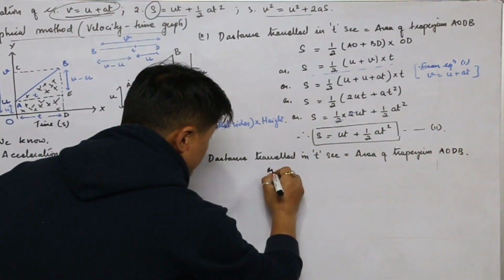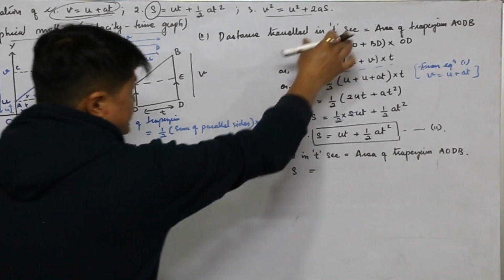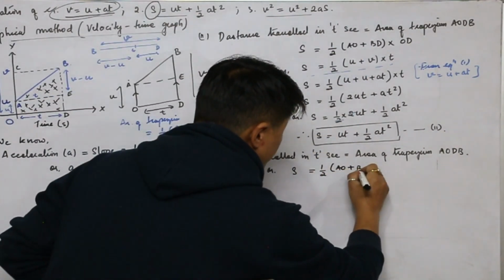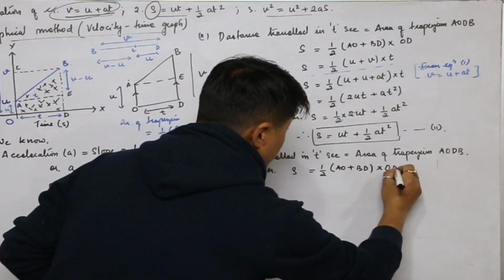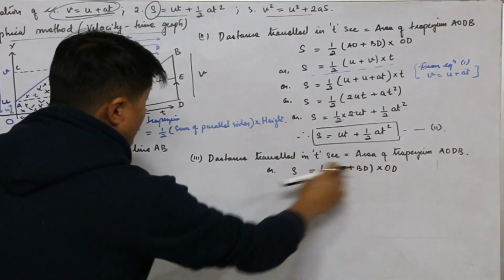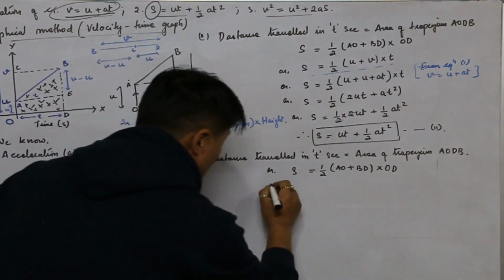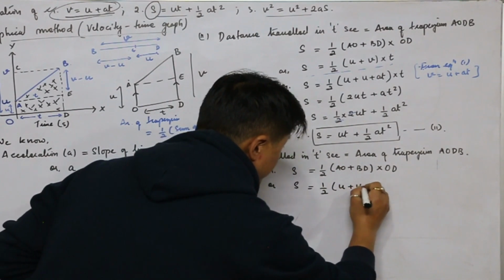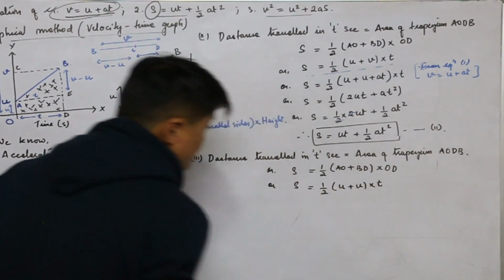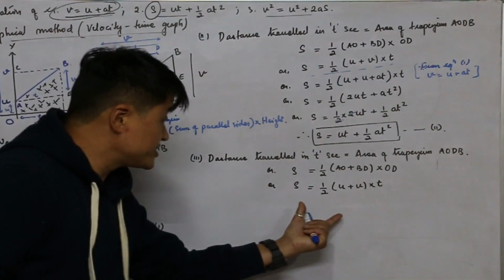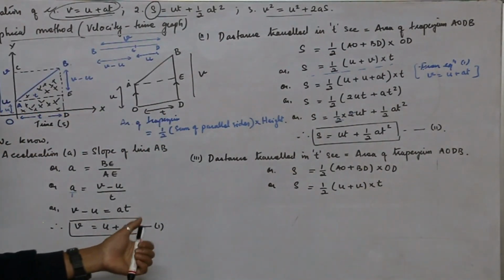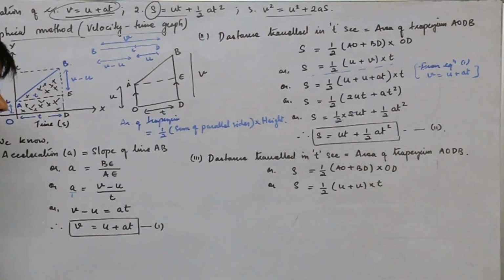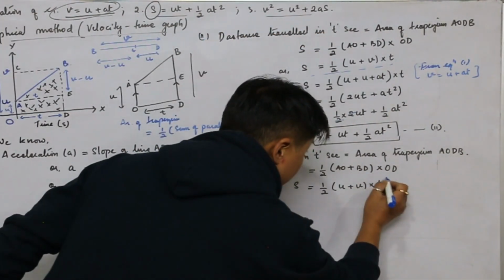Distance traveled is S, which is equal to the same thing: half into (AO plus BD) into OD, sum of parallel sides into height. Or S is equal to half into (U plus V) into T. Now here you have to see that we require V square is equal to U square plus 2AS. In this equation we don't have T, so now we have to find the value of T.